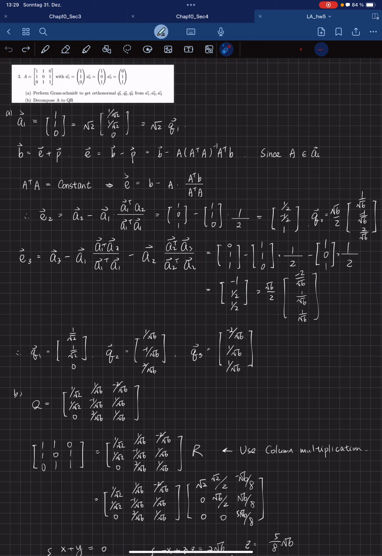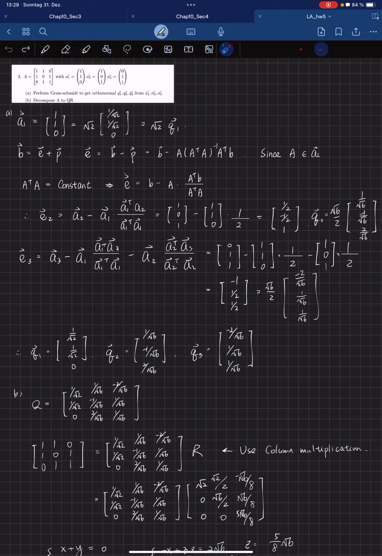So we look at this equation again, right? Our equation is B is equal to E plus P, and our error vector is B minus P, right? And our P, as we have solved earlier, is just A times (A transpose A) inverse A transpose B. So the difference here is that earlier, we didn't want the error vector E, we just wanted the parallel component P. But now things are kind of reversed.